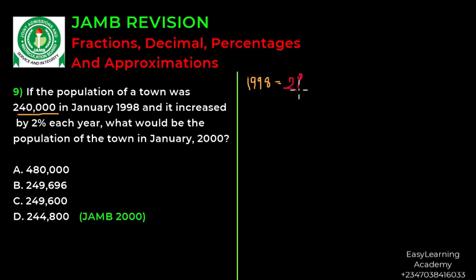This 2% is going to give us a plus 100, so that will be plus 100, and that is going to give us 102%. That will be the increment. The increment here is going to be 102%.